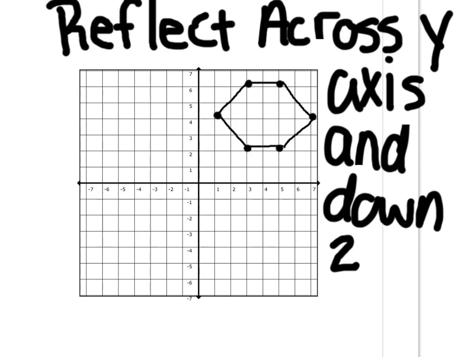So we have a reflect across the y-axis and down 2. So if we start with this point right here and reflect across the y-axis, we're at 3, 6, so we'll go to negative 3, 6. This point becomes negative 5, 6.